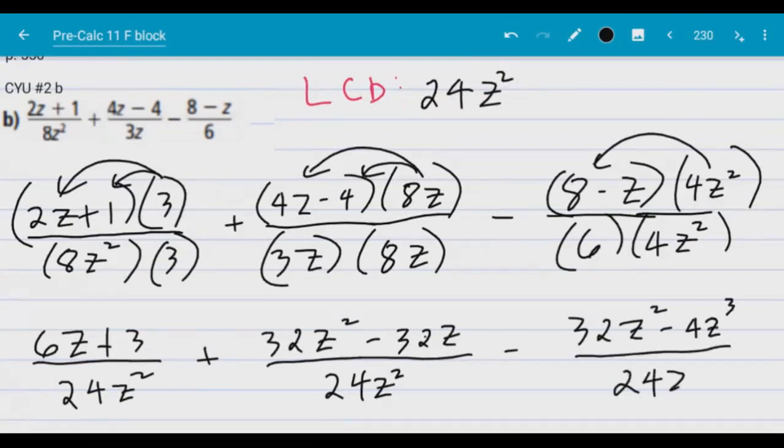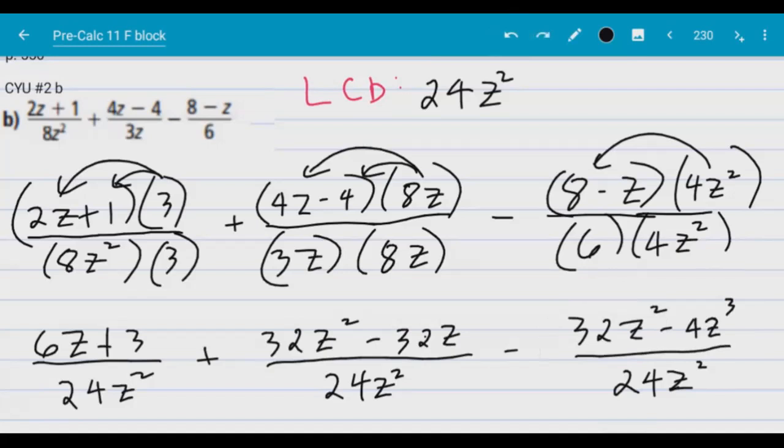Now, guys, I need you to be extra careful with this negative. That negative would be applied to both of these, not just to this one, because you are subtracting the whole fraction. So the negative applies to this whole numerator.